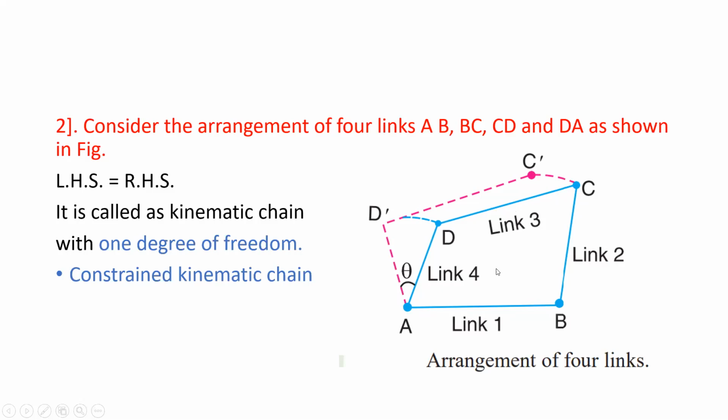These 4 links are there. Let us check whether it is a kinematic chain, whether motion will be possible between its members. So again, use that formula. Your L is equal to 2P minus 4. Okay, formula, get it by heart.